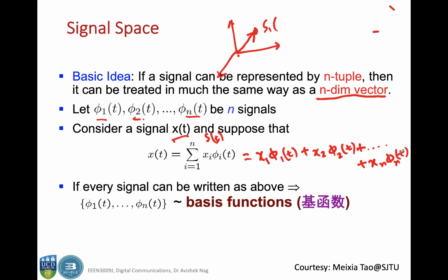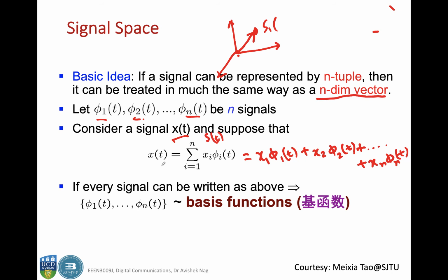So you can see, if you can find n such signals, phi1(t), phi2(t), phi n(t), you can write any arbitrary signal, x(t), y(t), s(t), whatever, in this form.